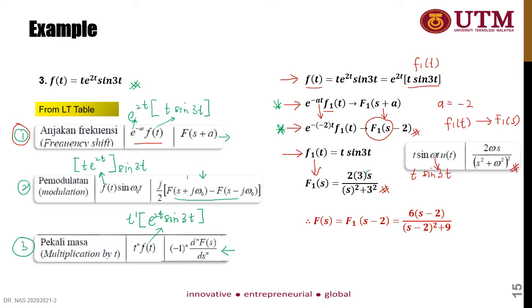Your s now becomes s minus a. So your F(s) equal to this function. So you need to be able to modify the equation to suit the function you found from the table.